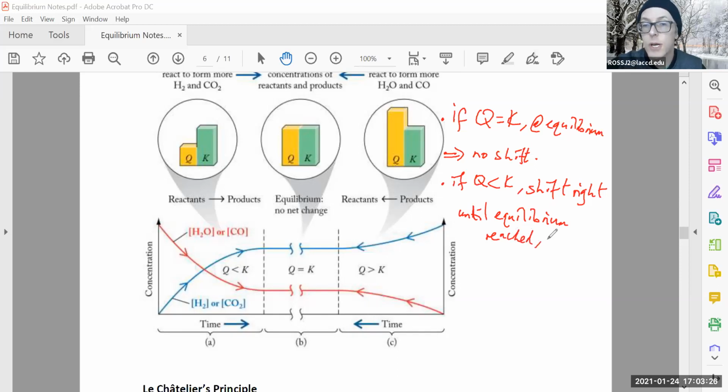So as soon as you reach equilibrium, the shift stops. And then finally, if Q is greater than K, you would shift left. Then no further shift.